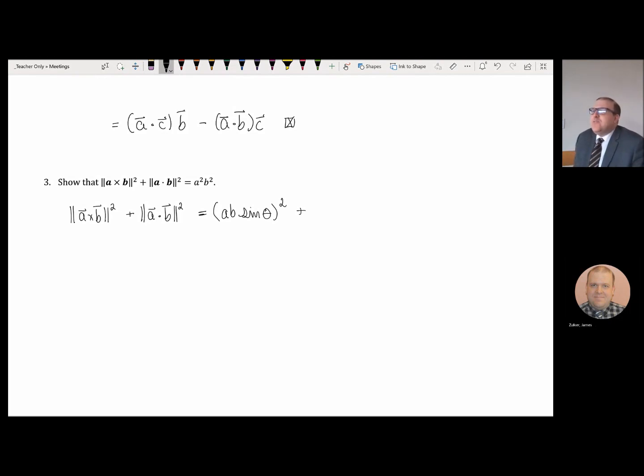But we're squaring it, so we can just ignore the absolute value part. Of course, remember, dot product is the product of the magnitude of the vectors times cosine of the angle between them. Technically, because it's a magnitude, I should have absolute values in there, but since I'm squaring it, I can just ignore it.